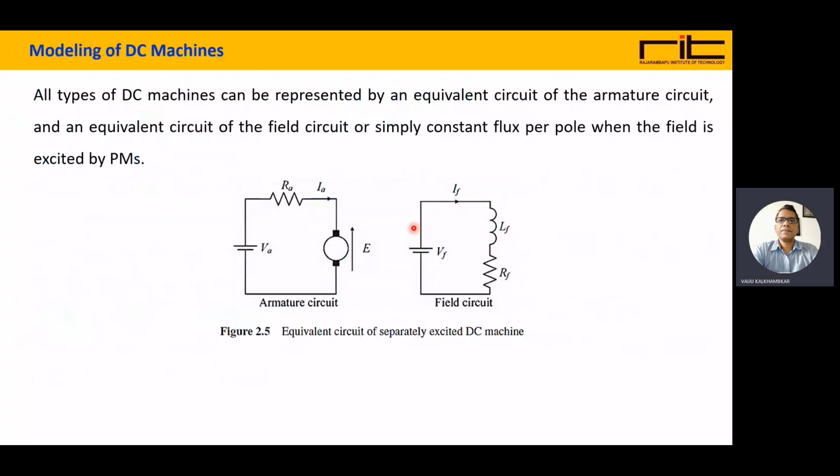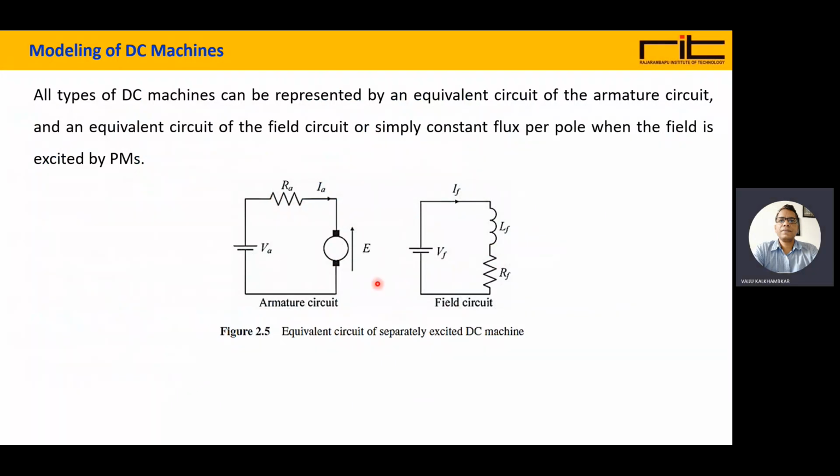You see here, briefly, the DC machine. A DC machine can be represented by an equivalent circuit: the armature circuit and the field circuit, or simply constant flux for a permanent magnet machine.